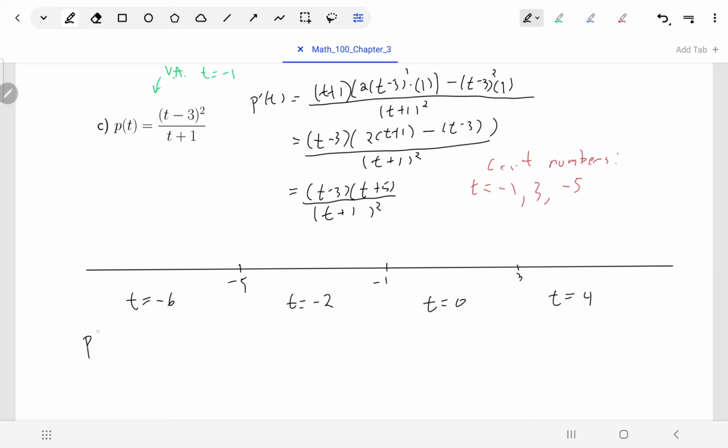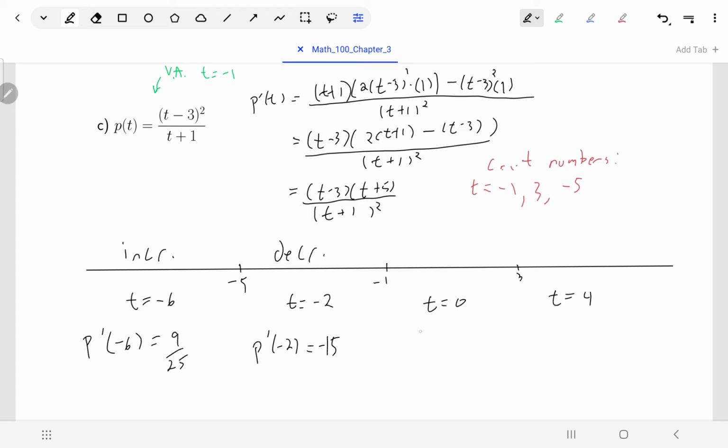And then when I put them all into my derivative, p prime of negative 6 turned out to be a positive number, 9/25. So we are increasing. At negative 2, it was negative 15 for the derivative. So that is decreasing.